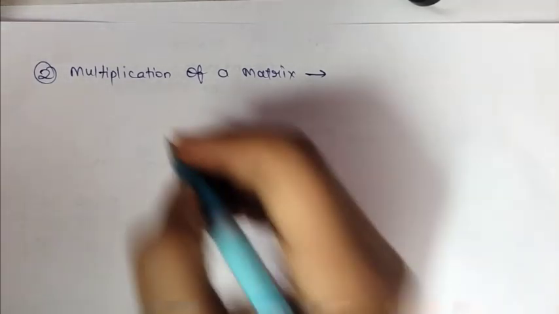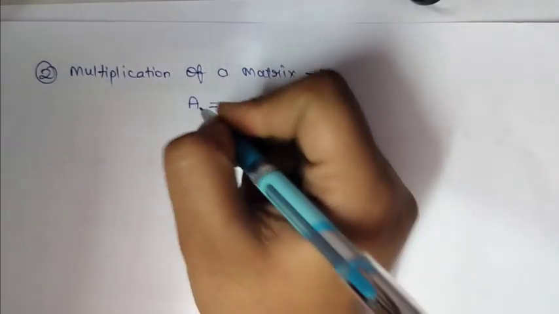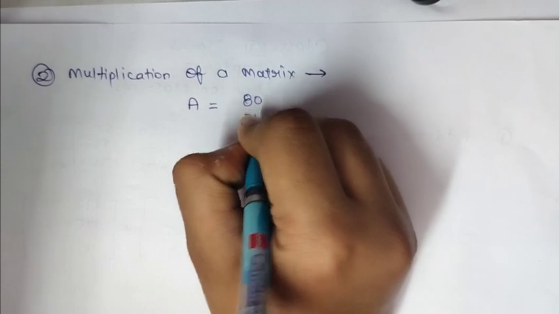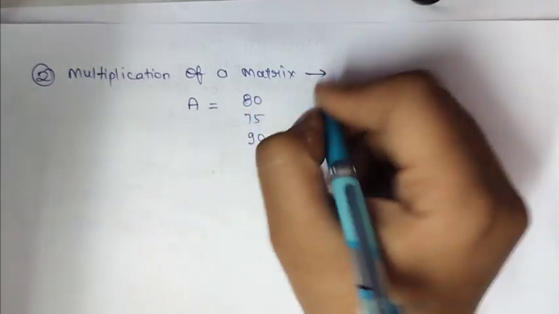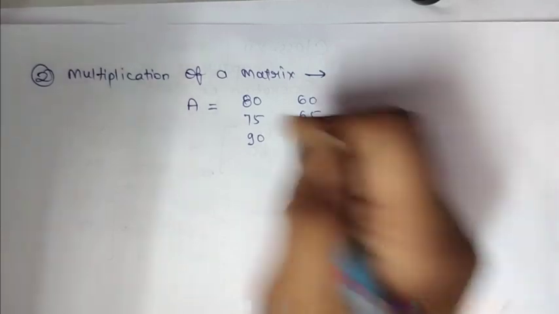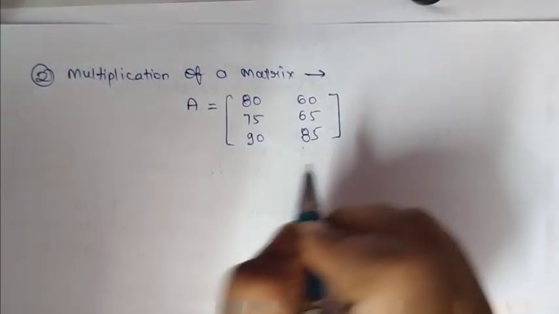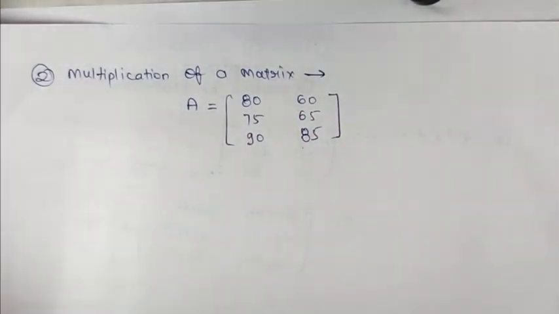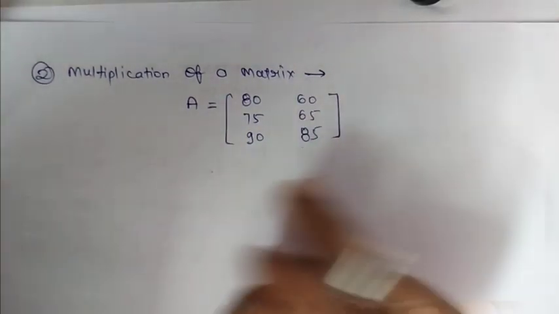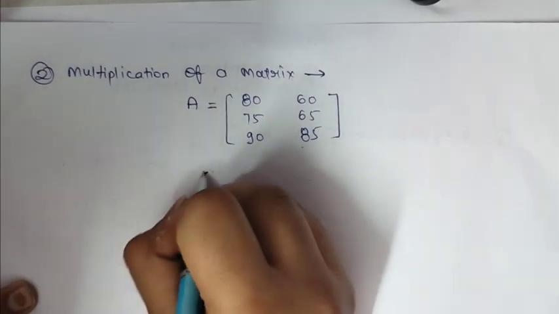So in this case, Fatima has the production A, that is 80, 75, 90, 60, 65 and 85. Now we have to find the double amount of it. So simply we can say that the double amount of matrix A will be 2A.